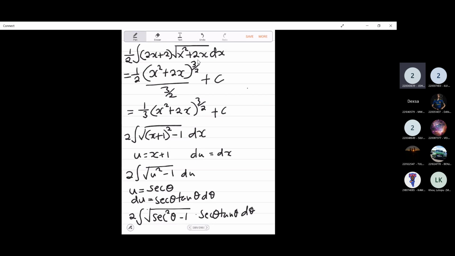Sec squared theta minus 1 is tan squared theta, and the square root of tan squared theta is tan theta. So I have tan theta times sec theta times tan theta. That's how I get tan squared theta. Oh, okay.